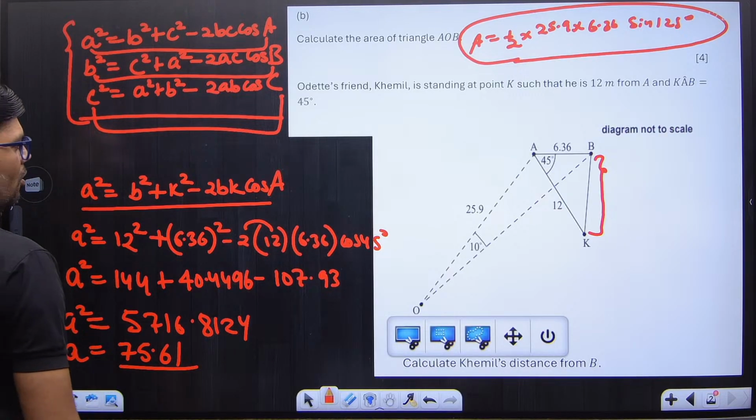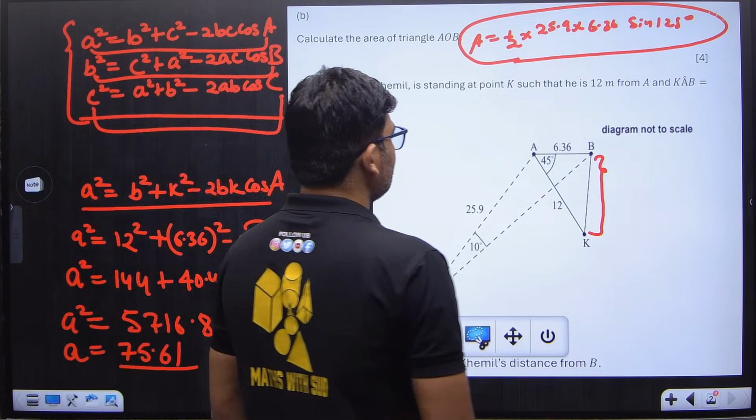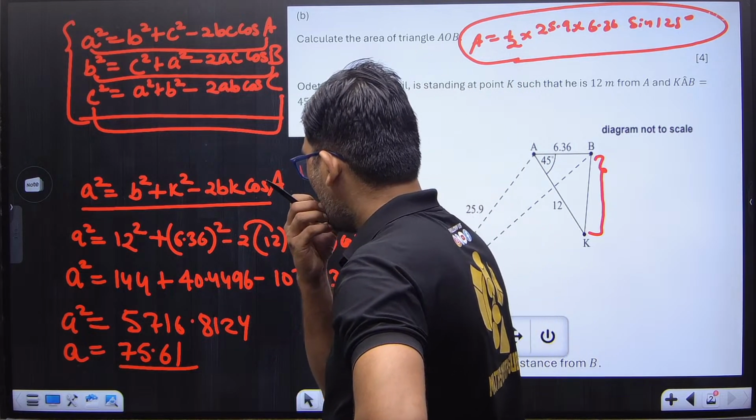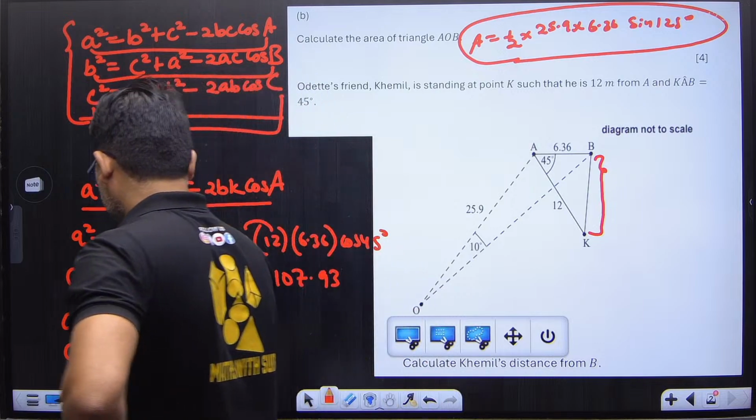But this is a very long distance. It can't be that much big. The same mistake I think I did in the last class as well.